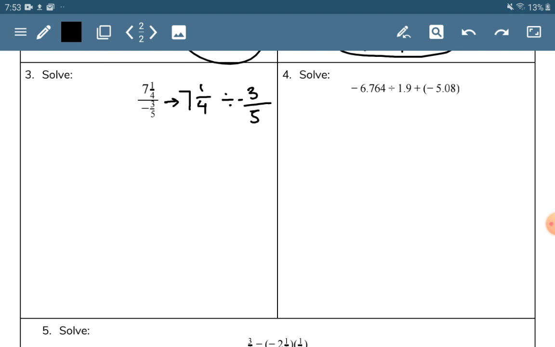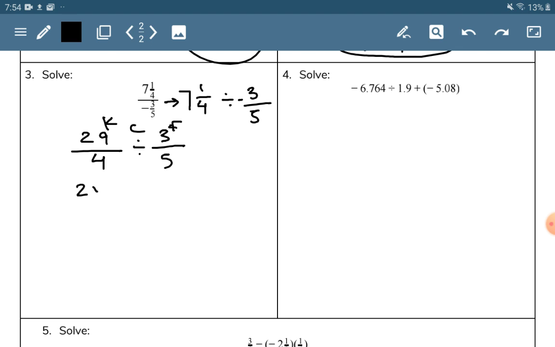I am going to have to make this improper to keep going, so I'm going to do 4 times 7, which is 28, plus 1 is 29 over 4, divided by my second fraction, 3 over 5. When I divide my fractions, I rewrite with keep, change, flip, which means multiply by the reciprocal.